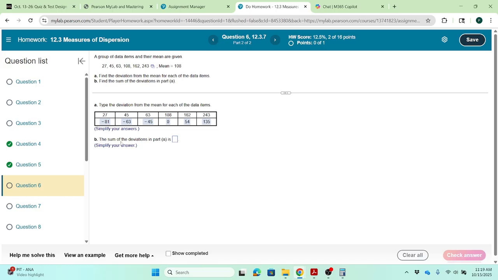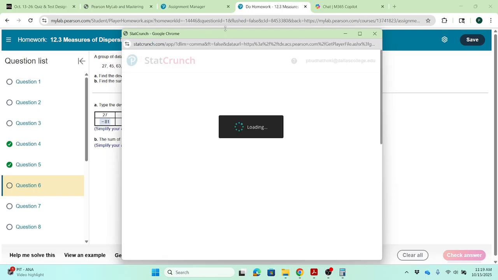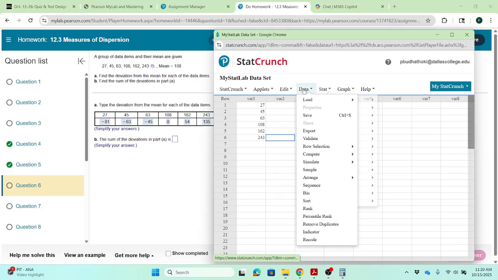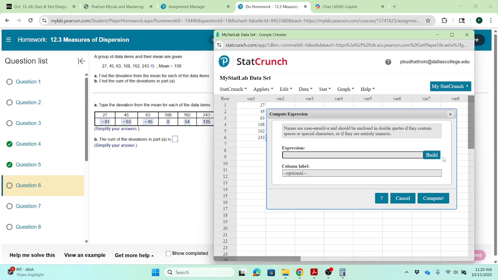Okay, the sum of the deviations in part A, so you need to just add all these things. I'm going to just use the StatCrunch calculator. It would be easier for me to calculate instead of doing it manually. So first of all, find the difference between this and 108. Go to Data, Compute, and click Expression, and then you can build that expression.